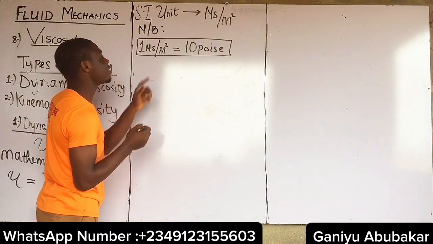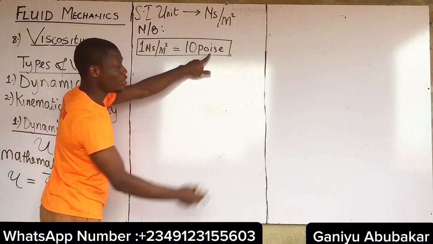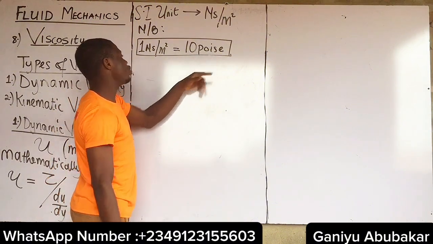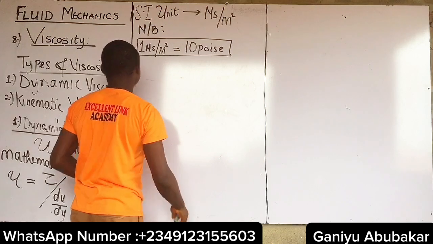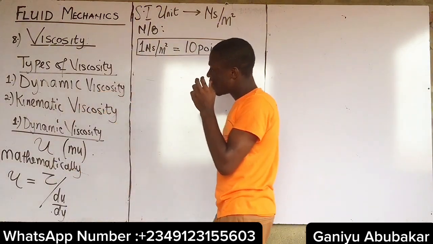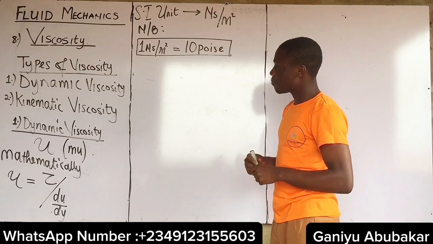So to convert Newton seconds per meter squared to poise, multiply by 10. To convert poise to Newton seconds per meter squared, divide by 10. That's the whole concept behind dynamic viscosity.